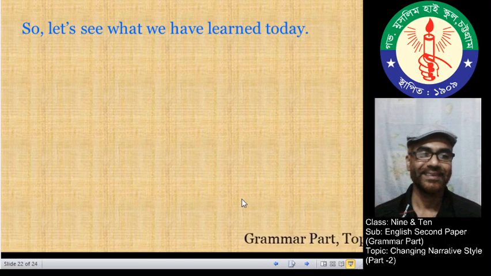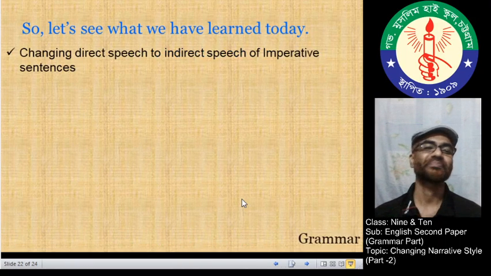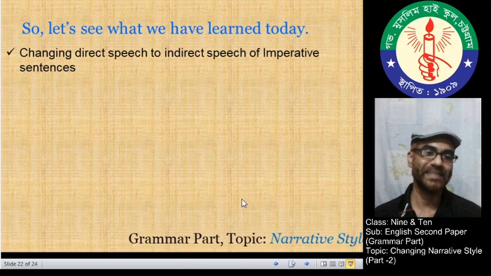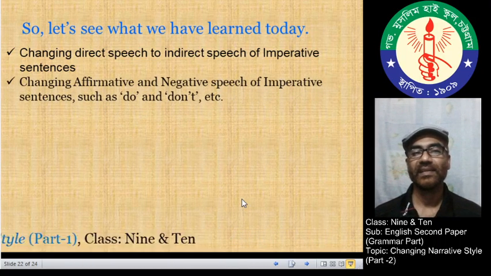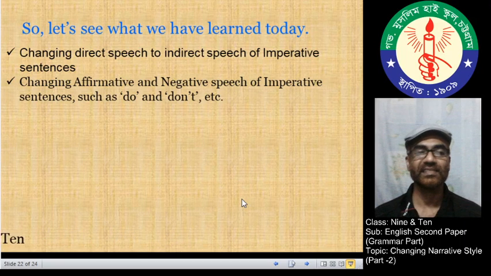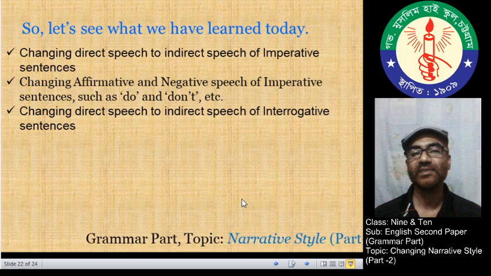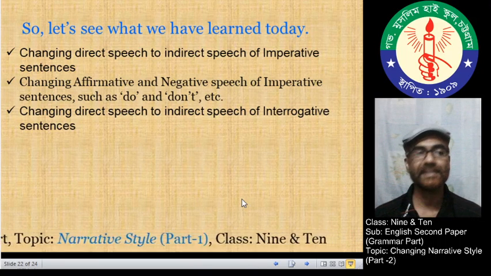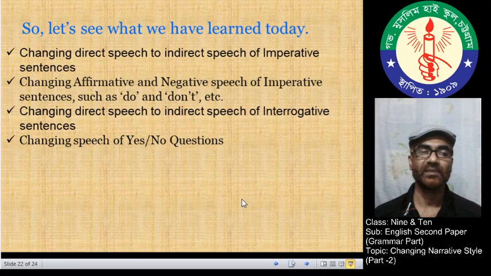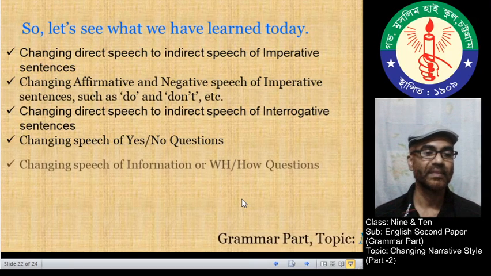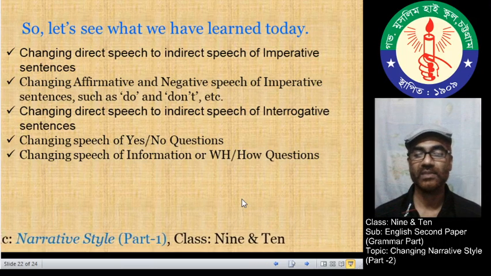Okay, now today's review. Let's see what we have learned today. Changing direct speech to indirect speech of imperative sentences, and changing affirmative and negative speech of imperative sentences such as do and don't, etc. And changing direct speech to indirect speech of interrogative sentences, and changing speech of yes/no questions. Okay, changing speech of information or WH or how questions.